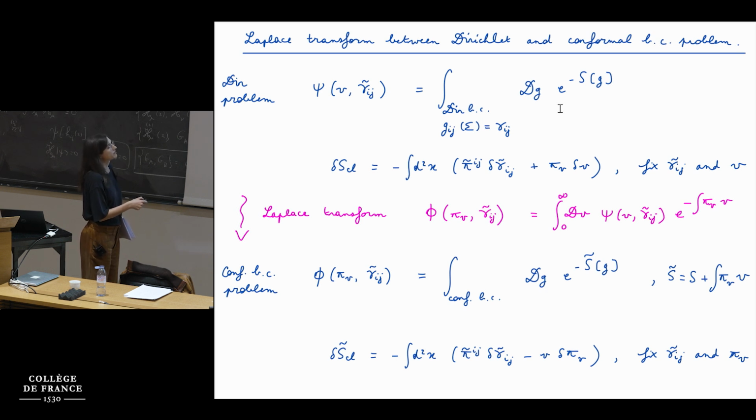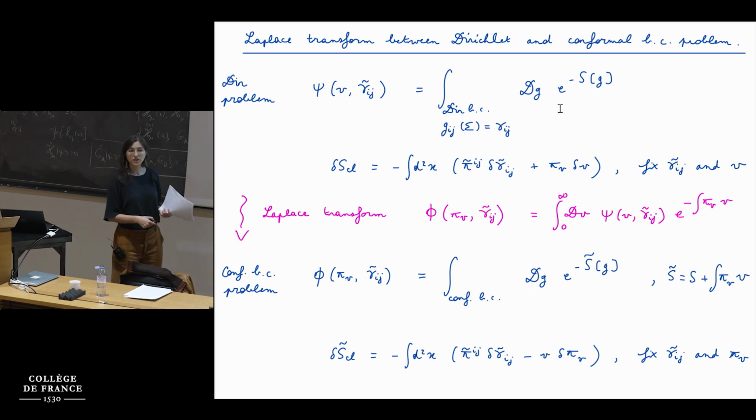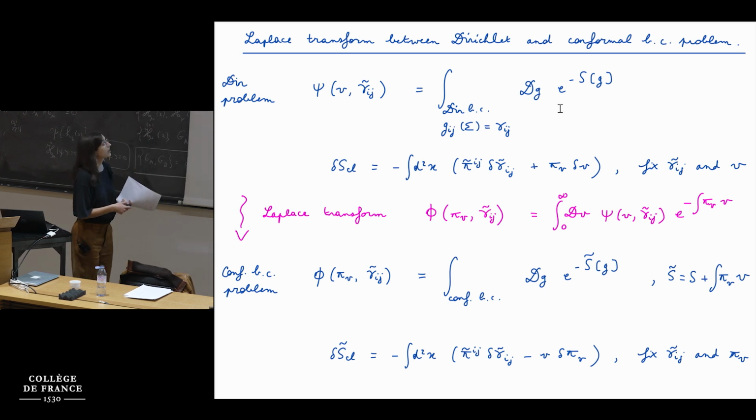This new gravitational wave function is written in terms of a new action, with a new on-shell variation that tells you that you should fix as boundary conditions gamma tilde, but not the volume. Instead, you should fix pi v. Fixing these things is what is known as conformal boundary conditions. So you went to the conformal boundary condition problem.